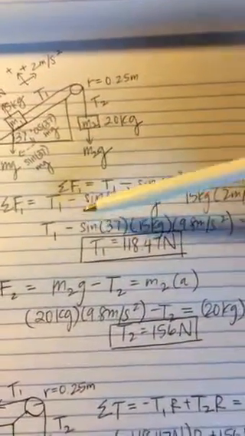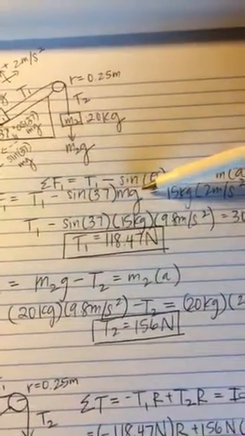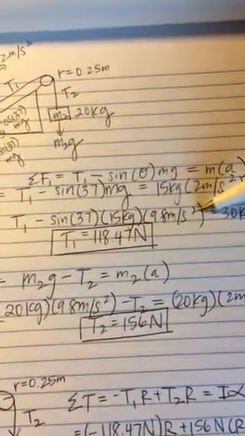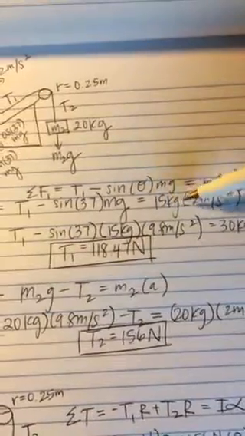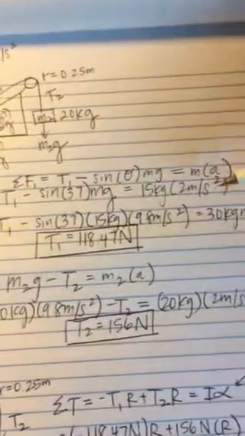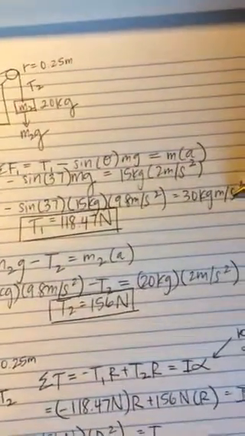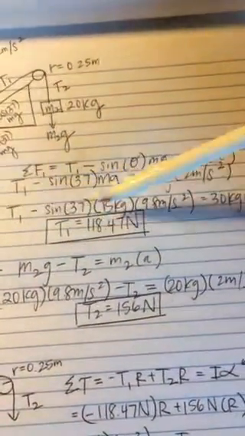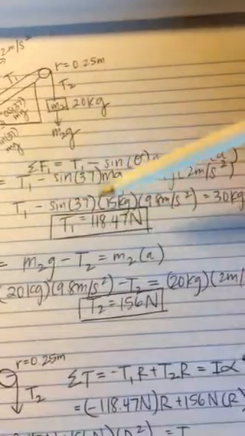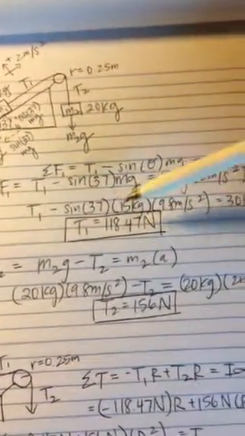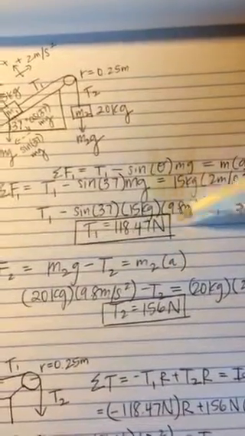So that means tension 1 minus sine 37 mg, which is also 15 kilograms times 9.8 meters per second squared, equals 15 kilograms, that's the mass of this object, times the acceleration, which is given as 2 meters per second squared. So once you separate this out and you isolate the T1, we find that the tension of the first string here is 118.47 newtons.